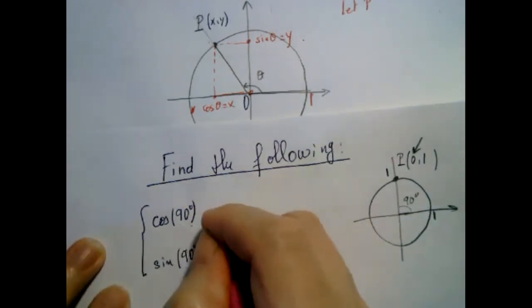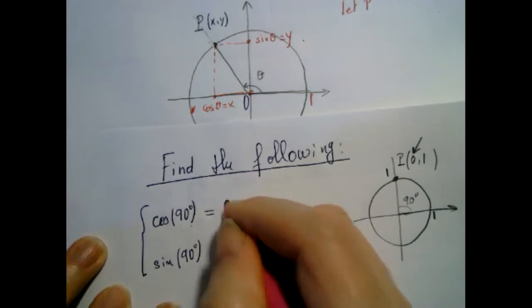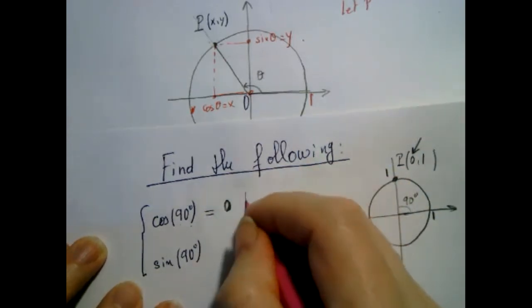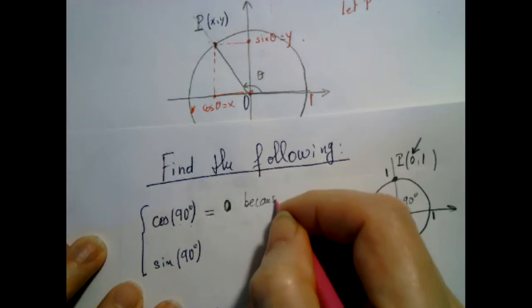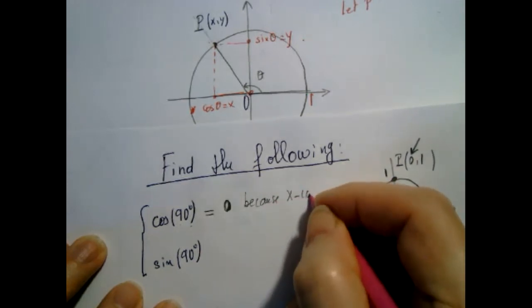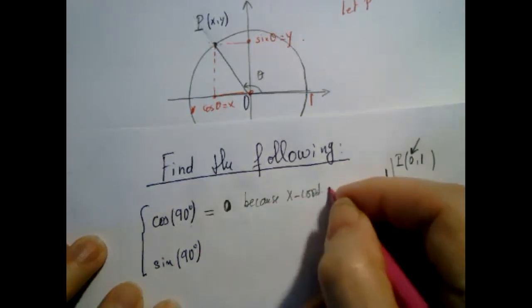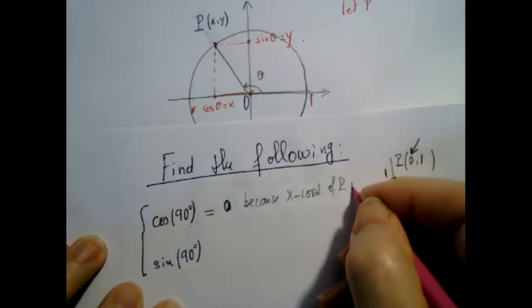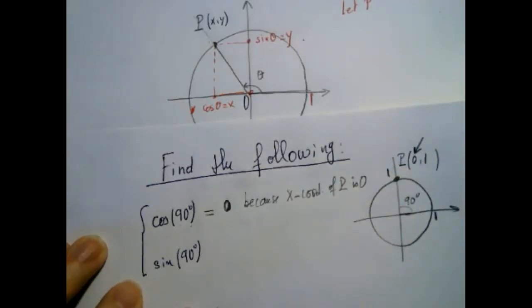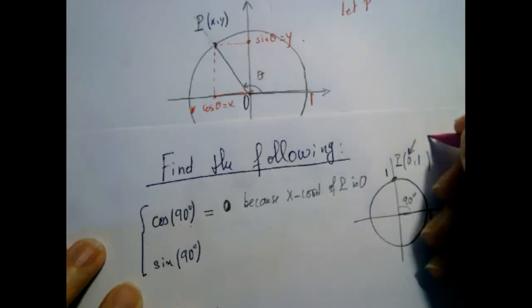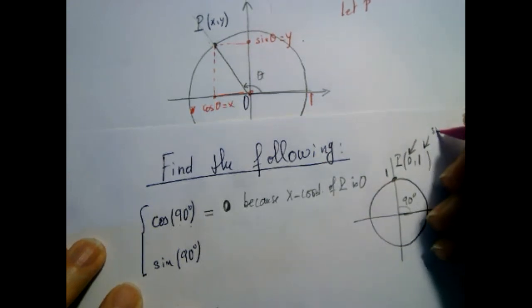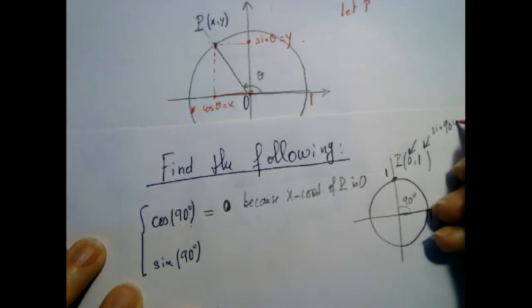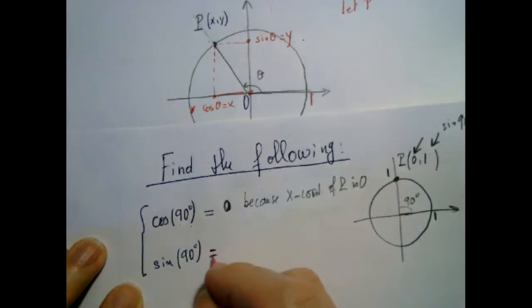So the cosine here is equal to 0, because the x coordinate of P is 0. What is the sine of 90? It's the y coordinate. So the sine of 90 is equal to 1.